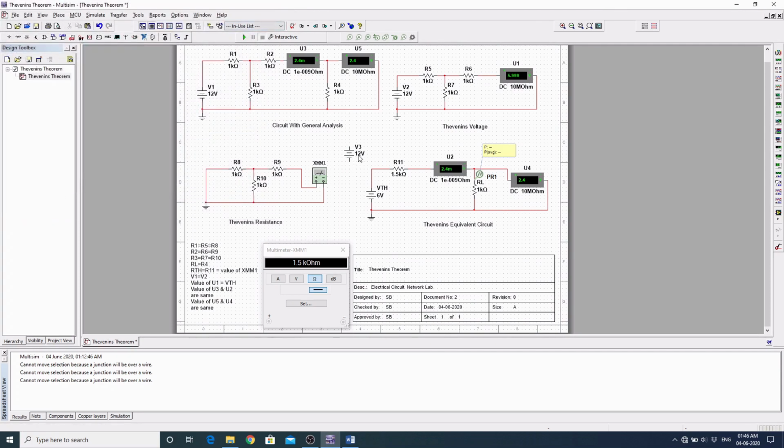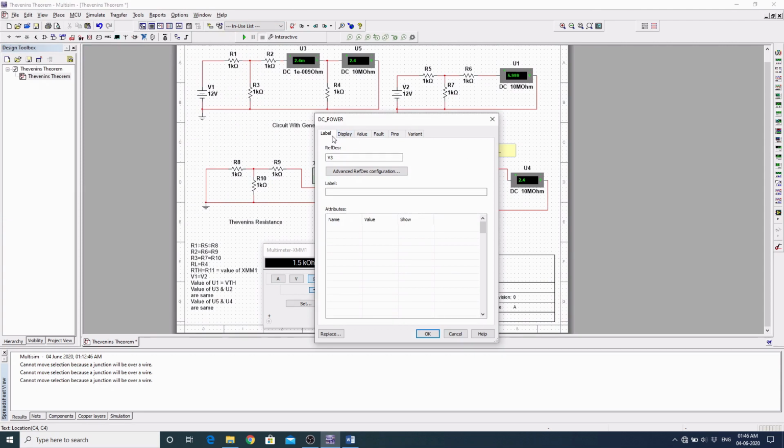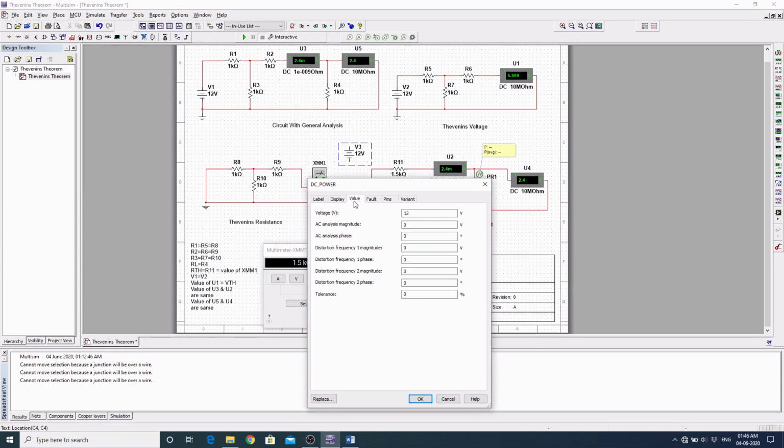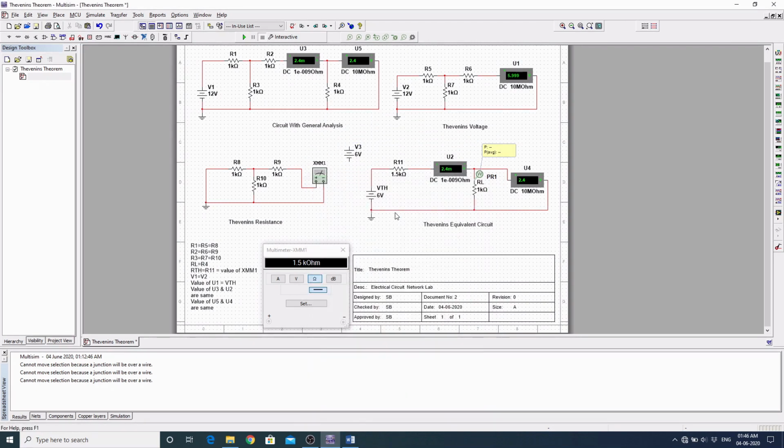If you want to change the voltage, click on it and under the value tab you can change the voltage, like 6 volt. Like this way you can change these values and connect them. These are the things I took from here.